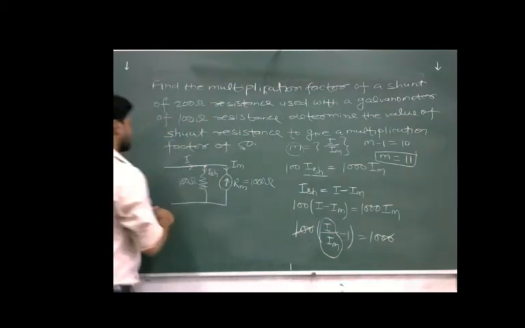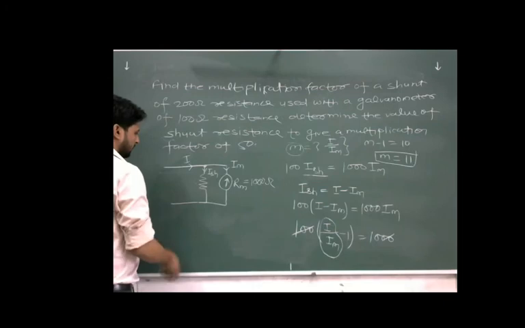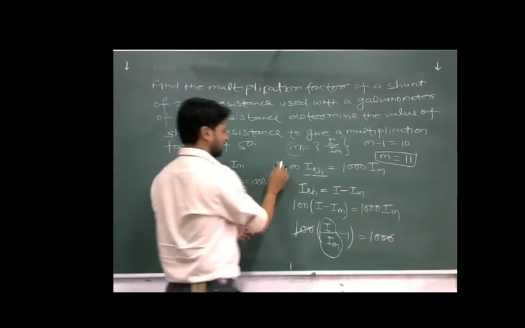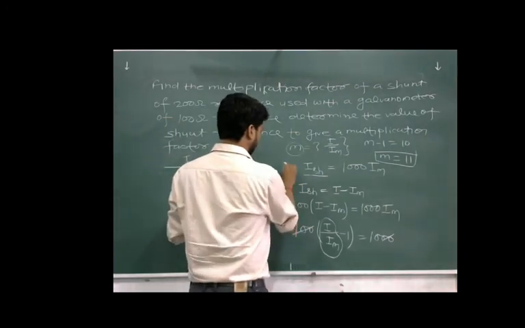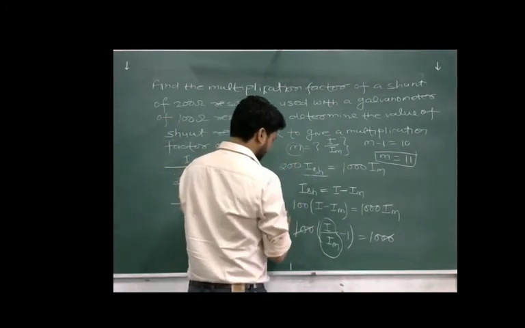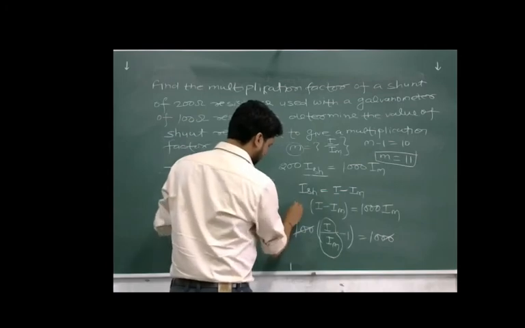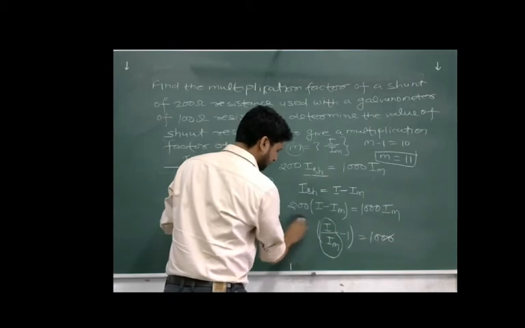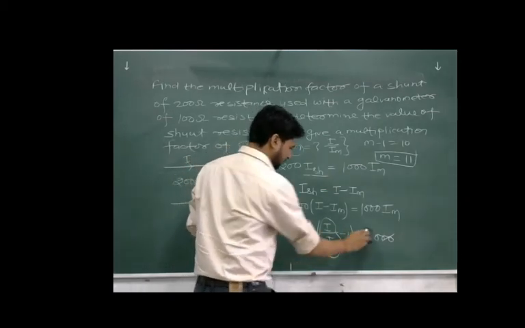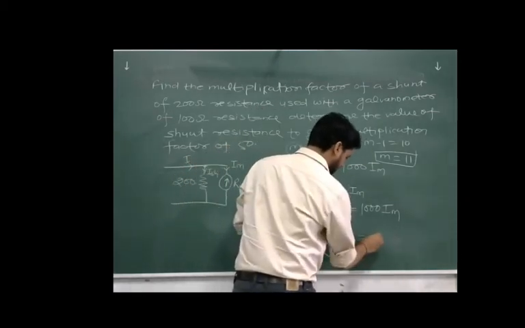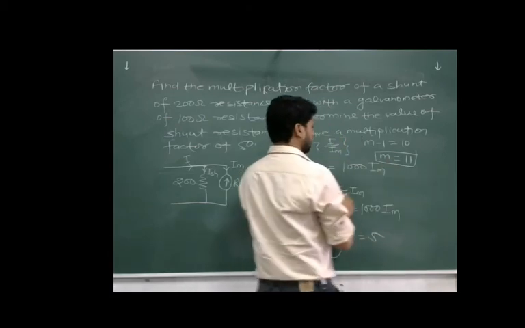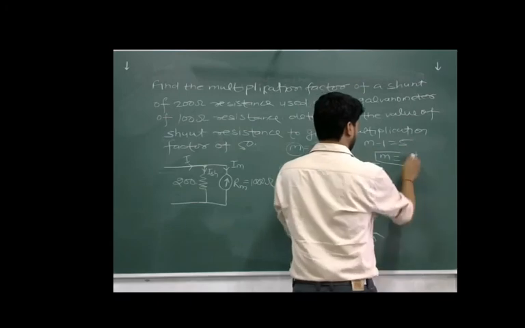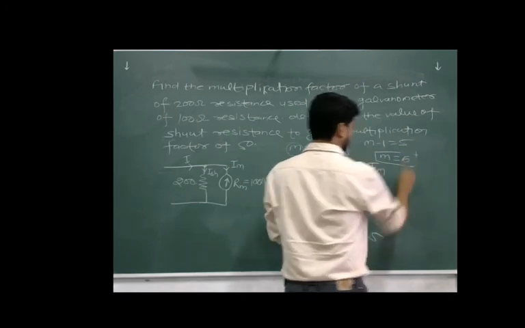Value of this resistance is 200. So we will write here 200, and this will be removed from here and this will become 5. The value of m will be 6.